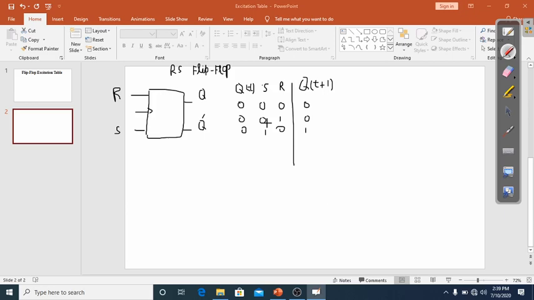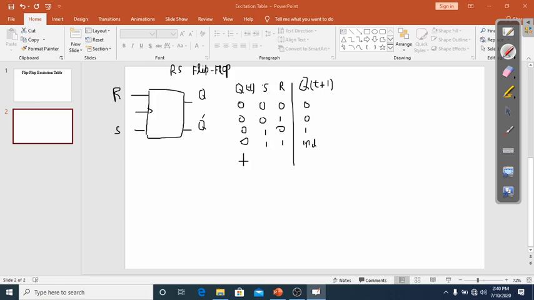If the present state is 0, then it will change to 1. When both set and reset are equal to 1, in this case we have an indeterminate form and we never use this form when both set and reset are equal to 1.